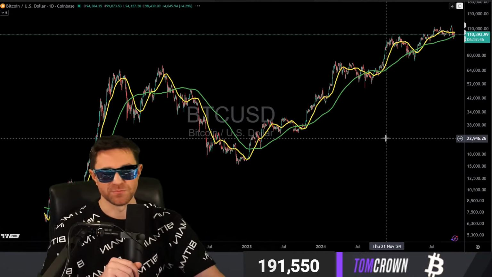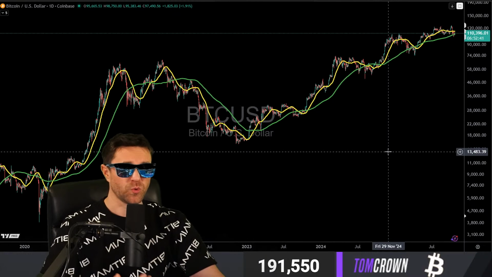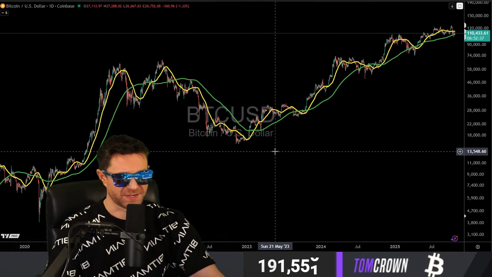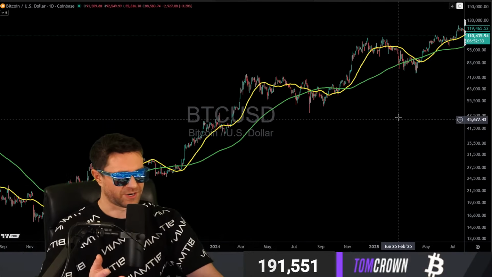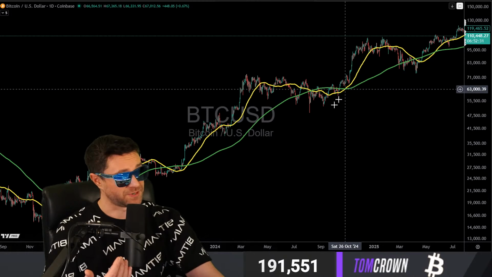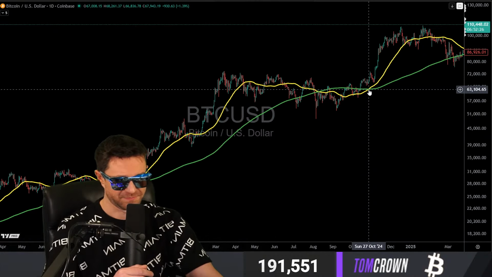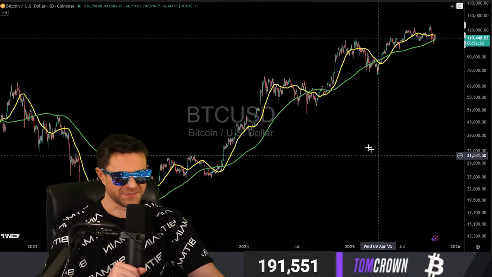We've seen this happen multiple times in Bitcoin's history, and we've actually seen this becoming more frequent in this bull run. It's an interesting thing that we'll talk about in a little bit. The bullish or golden cross is the opposite, when the 50 crosses above the 200. The best example was back here in October of last year. Unfortunately, we're not looking at the golden cross right now. We're looking at the death cross.